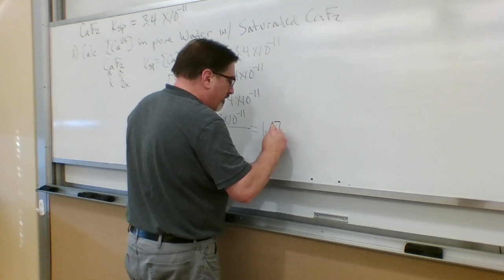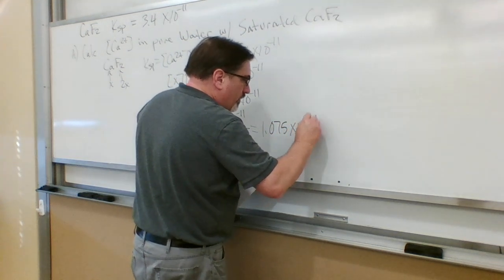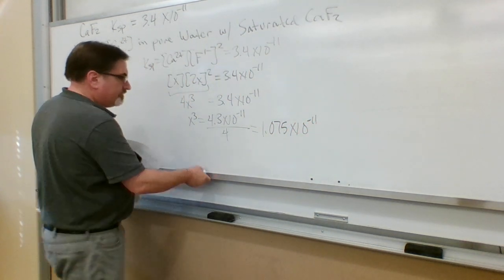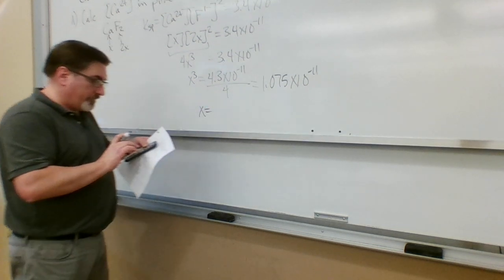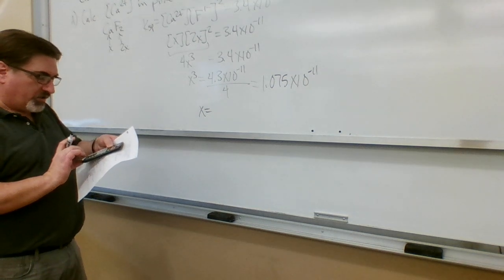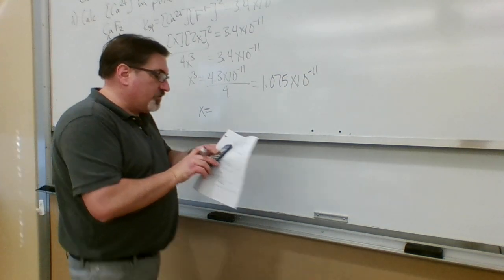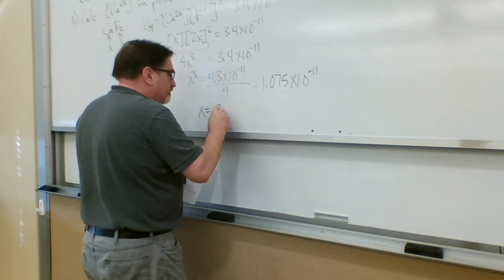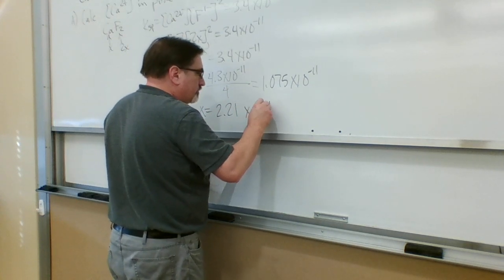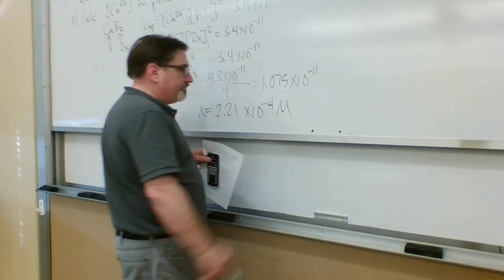That's 0.85 times 10 to the minus 11th. X is the cube root of that number. Cube root of that number, I get 2.21 times 10 to the minus 4th. That's molar.